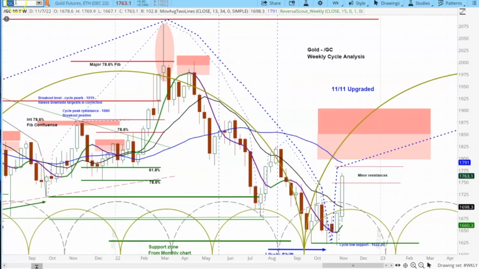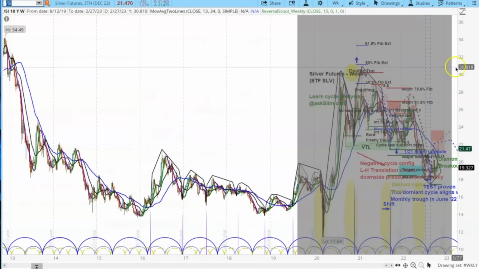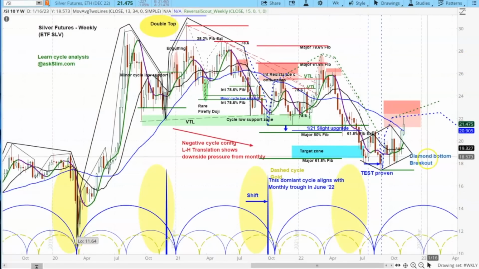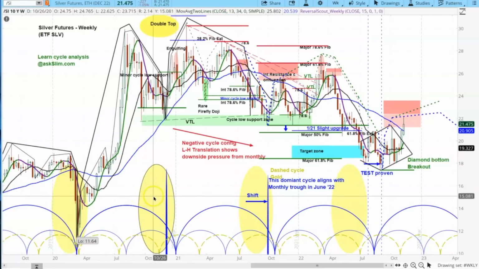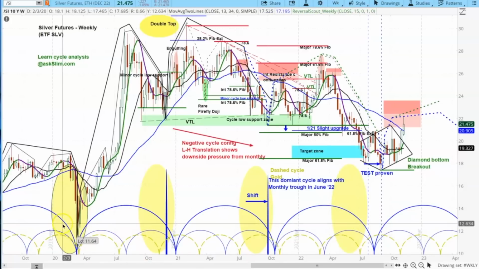Silver has been stronger than gold, and silver made just a beautiful and rare diamond bottom in there, and then had a breakout from that diamond bottom, as you can see. Now these yellow ovals in here really are beautiful. They show you where the periods of risk come in when cycles begin to nest.